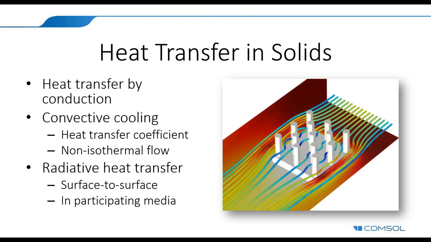And also, while we are talking about the heat transfer at the boundaries of a solid, we may have surface-to-surface radiation between one solid and the other solids, or between the solid's boundary and the surroundings, as well as we may have heat transfer in participating media in the solid or outside the solids.